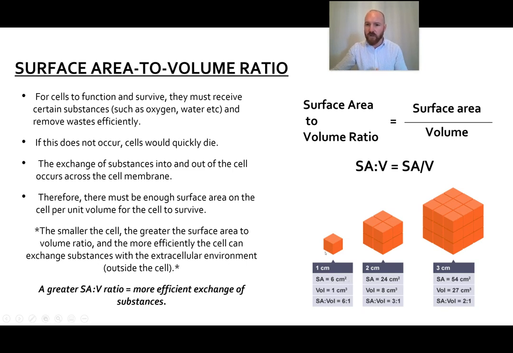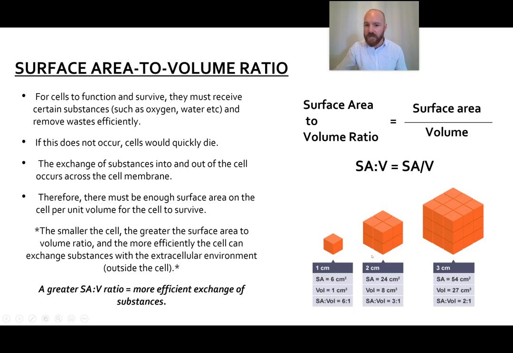And we know that the volume of a cube is the length times the width times the height. So we've got 1 times 1 times 1, which is 1 centimeter cubed. So the overall surface area to volume ratio is 6, the number of faces, to 1. So the surface area is 6 times that of the volume.